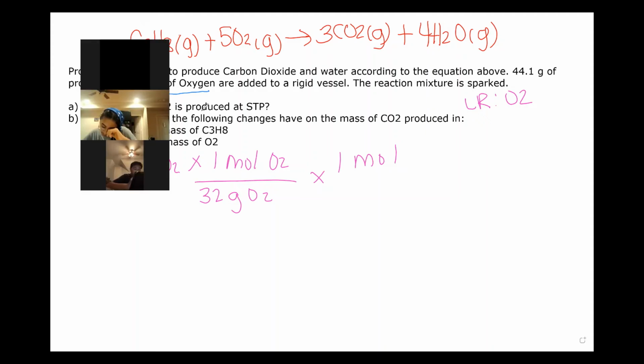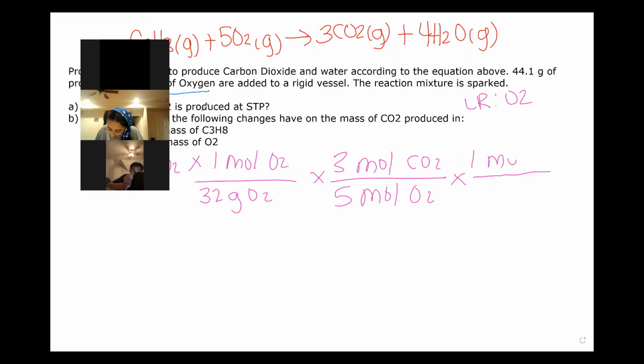Sorry, it's 3 moles of CO2, because we're doing A, over 5 moles of O2, right? And then the molar mass of CO2 is 44.01, right?